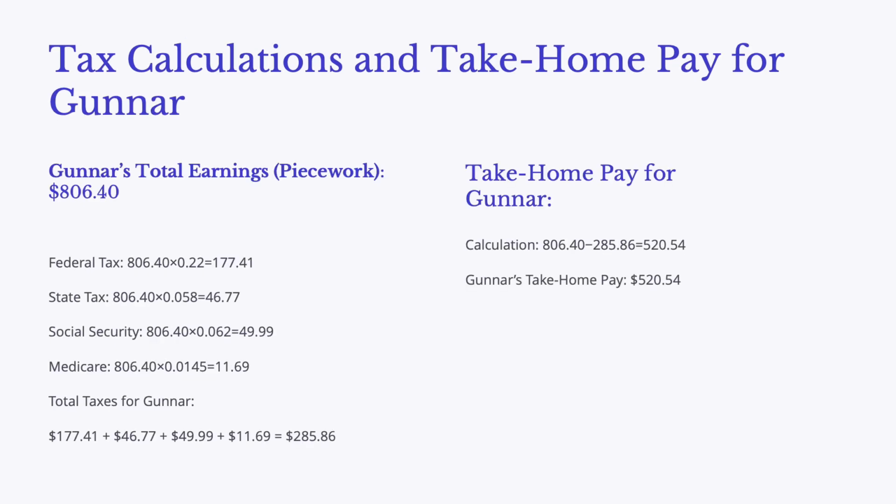Then, for Gunnar, with piecework earnings of $806.40, he has total taxes of $285.86, resulting in a take-home pay of $520.54, and each calculation ensures accuracy for all required deductions.